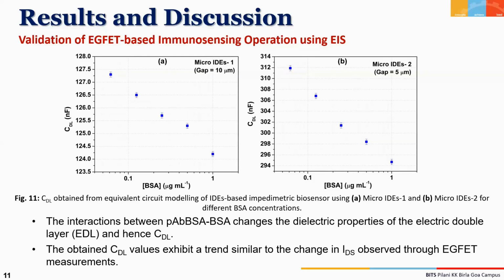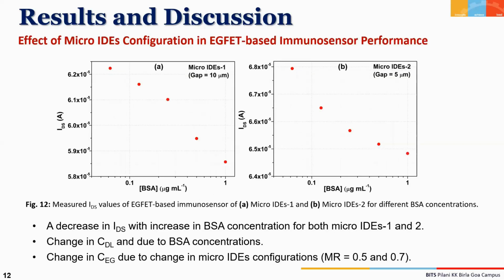In our earlier case, we related the CDL with the overall CT, and then the current. Here also we see a similar trend, where as the concentration increases, the CDL is decreasing. Coming back to the IDS, we found a similar decreasing trend. So we can compare this CDL and the IDS, since CDL is part of the total capacitance, and similar trends will be found.